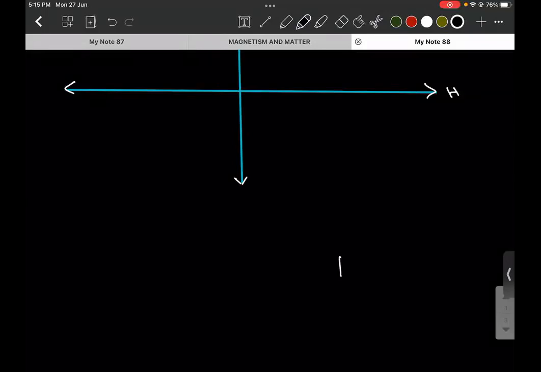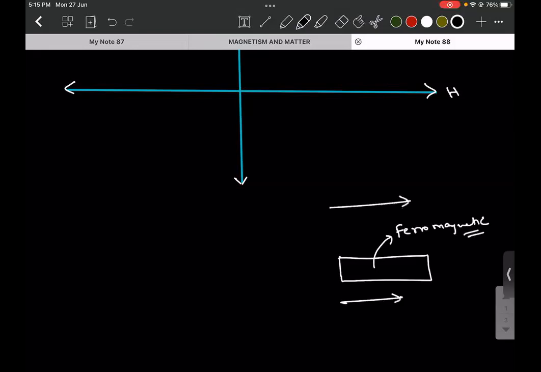If I take a ferromagnetic substance and place it in an external magnetic field, what would happen to it? It will get magnetized. So the material will get magnetized. Are you able to understand what I'm trying to say?